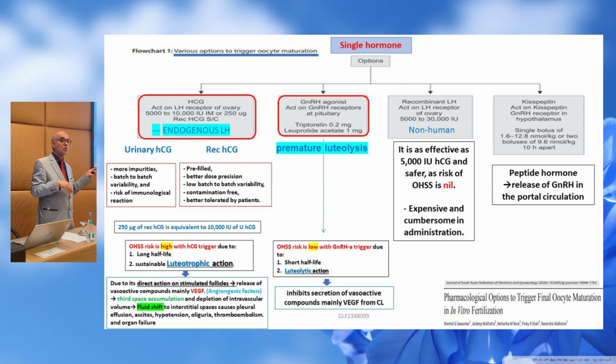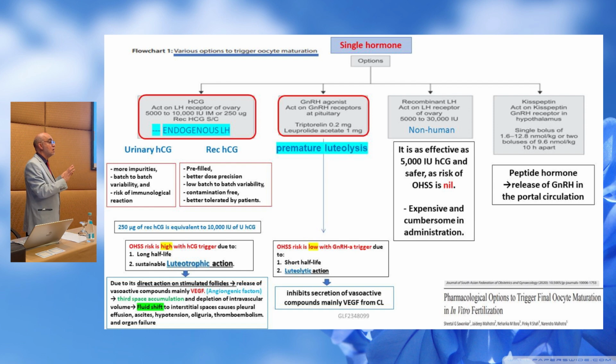But GnRH agonist is better regarding the ovarian hyperstimulation, but it leads to luteolysis. Some doctors may prescribe recombinant LH, which is under trials, or kisspeptin, which is new and again under trials.